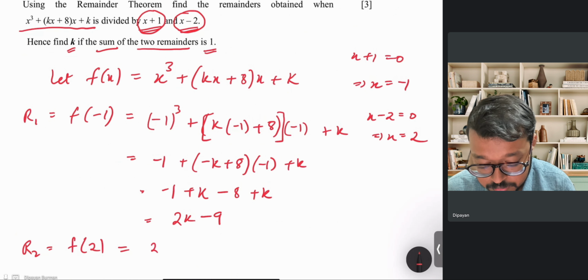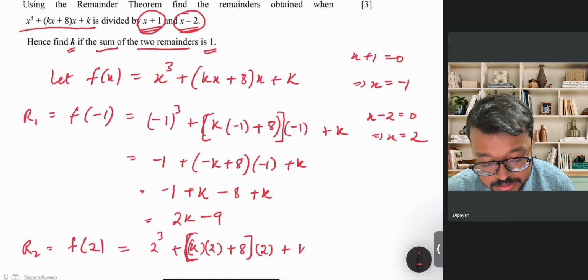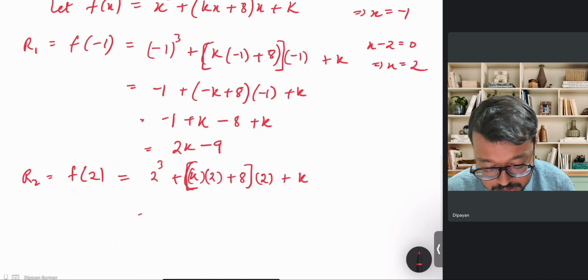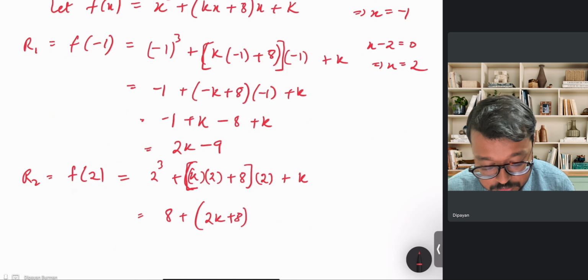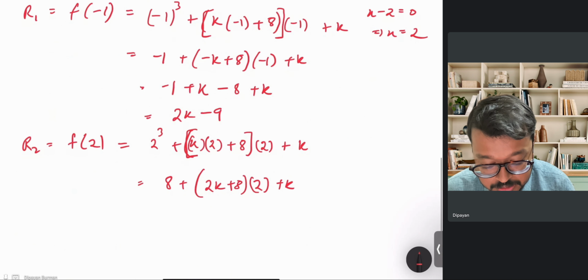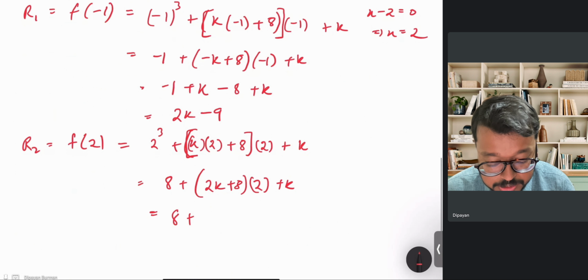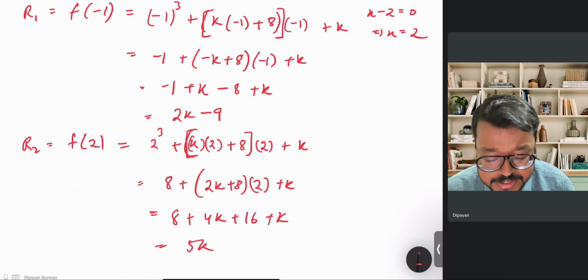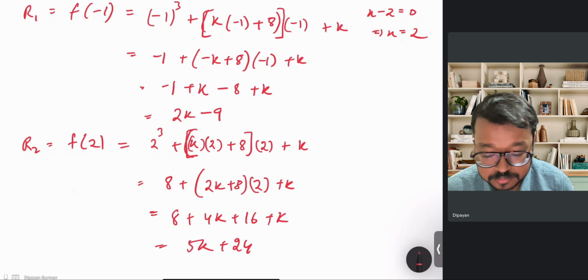So that is 2 cube plus k into 2 plus 8 multiplied by 2 plus k. So 8 plus 2k plus 8 into 2 plus k. So that is 8 plus 2k into 2 is 4k, 8 into 2 is 16, 4k plus k is 5k, 16 plus 8 is 24.